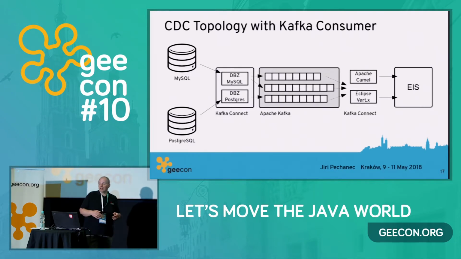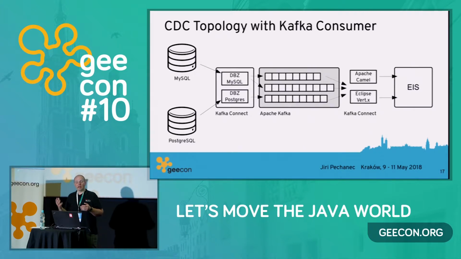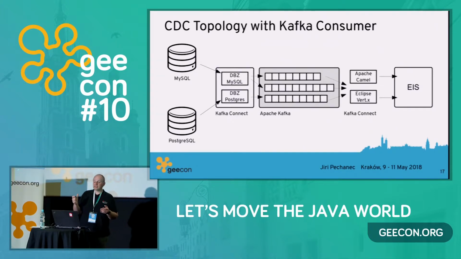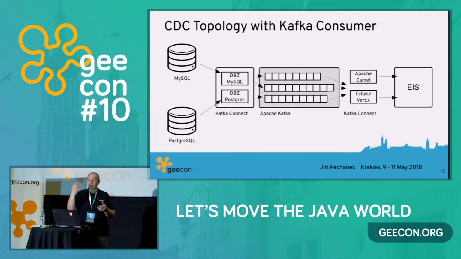On the destination side, if you are not, let's say, only a Kafka shop, you can use an arbitrary application that knows how to communicate with Kafka. So it's just a plain simple Kafka consumer.